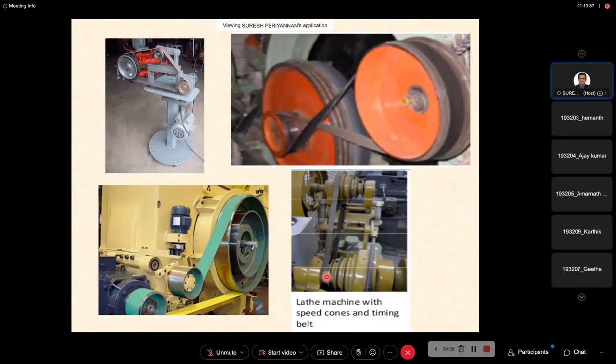Based on this, suppose the smaller diameter pulley is connected here and the bigger pulley is connected there. Now the spindle speed is slow.